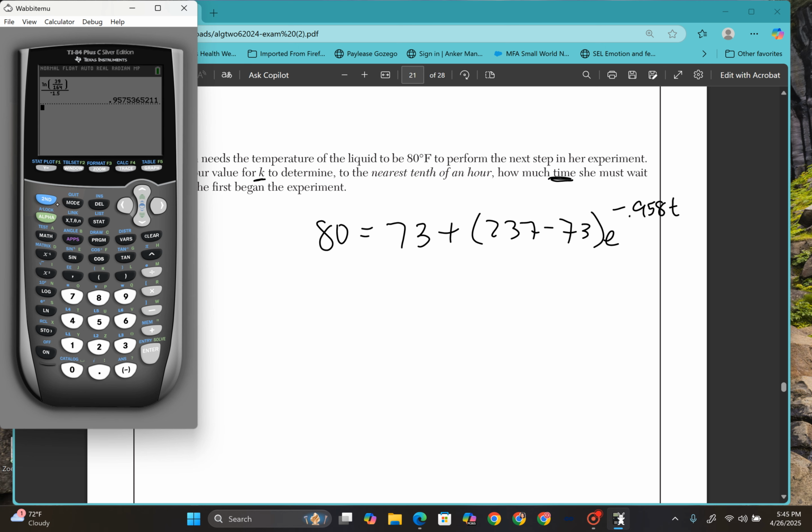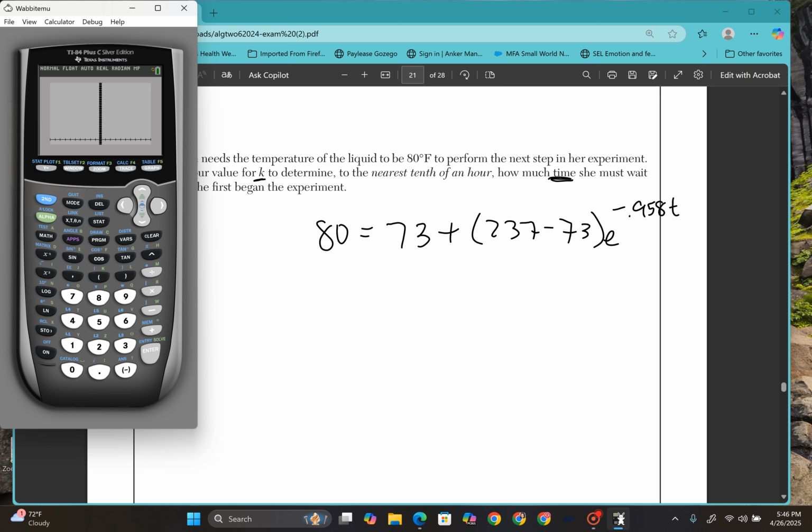So we can go to y equals here. And instead of 112, let's plug in 80. And then let's just make sure that we have the rest of this correct. So 73 plus 237 minus 73. e to the, and we're going to change this, right? So we have negative 0.958, and then we're going to put x. And let's hit graph, and we want to see where these intersect.